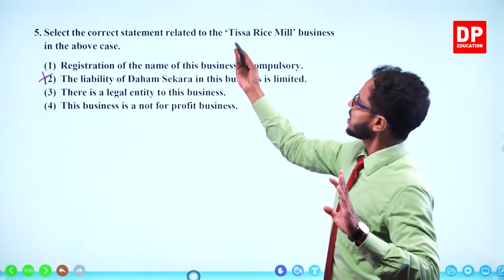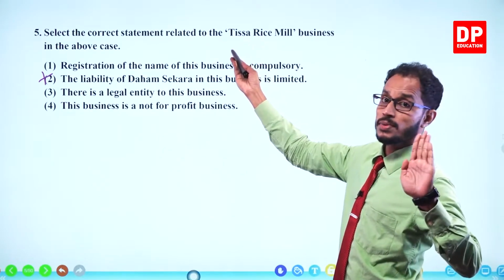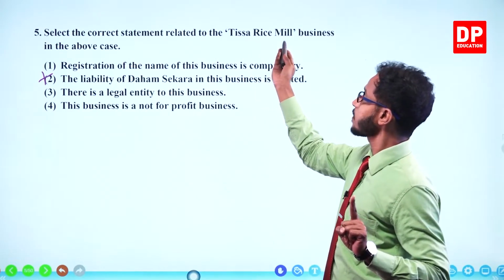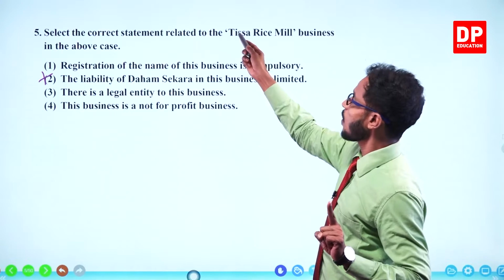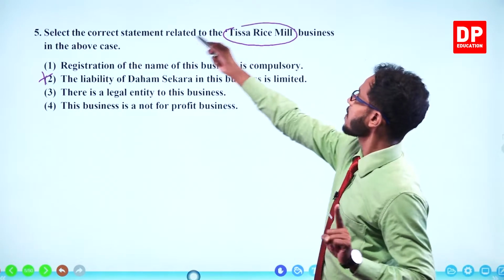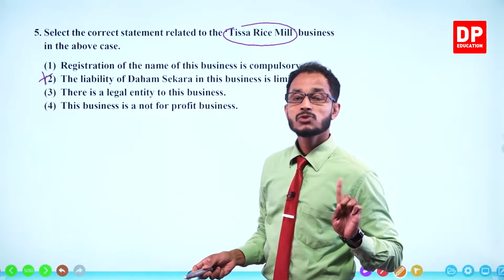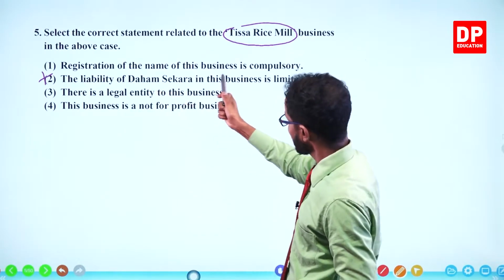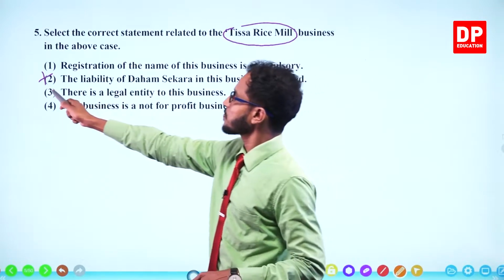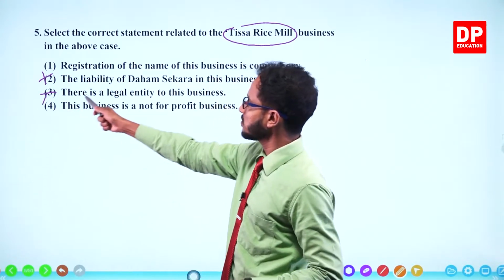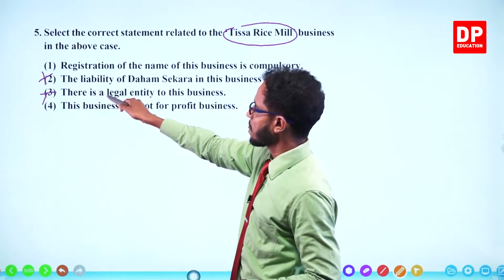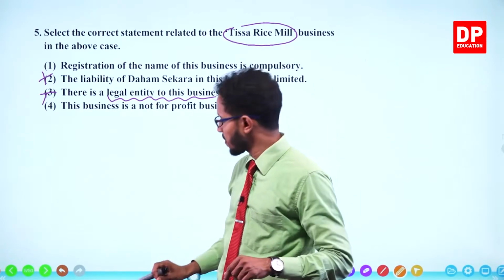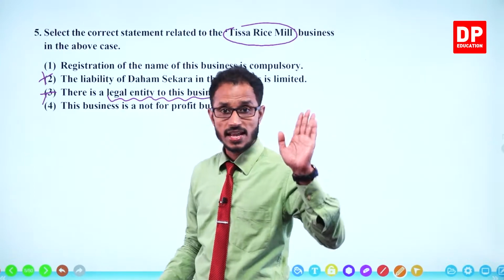This rice mill is a one-owner business. It's a one-owner business. Alright. This rice mill is a one-owner business and a sole tradership. So the Hamsekara does not have limited liability. This is also wrong because for sole traderships, there is no legal personality.